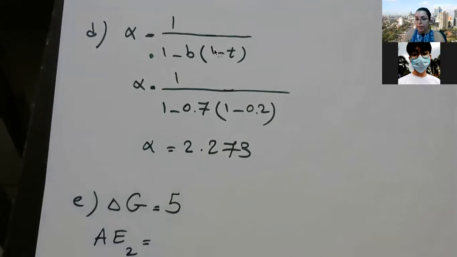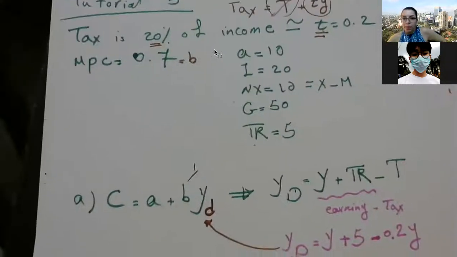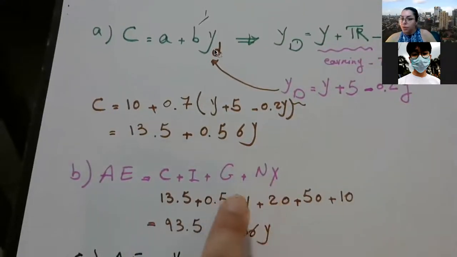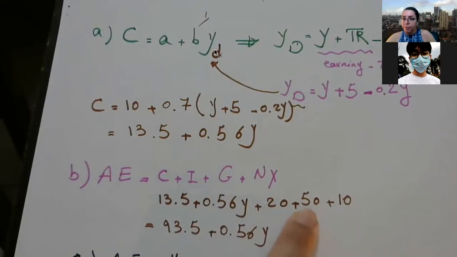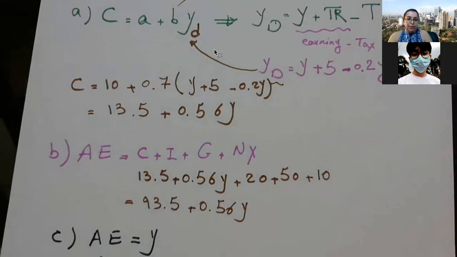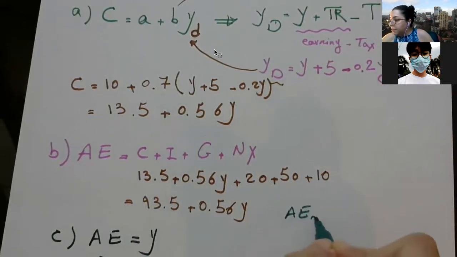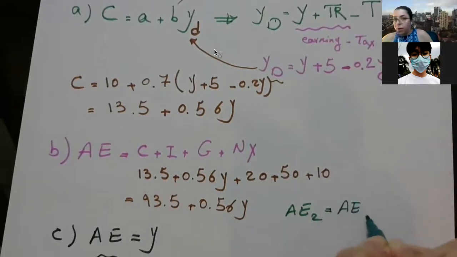Everything is like the previous aggregate expenditure function, just instead of G that previously was 50, now we have to put 55. In other words, aggregate expenditure 2 is equal to aggregate expenditure 1 plus the change in government expenditure.